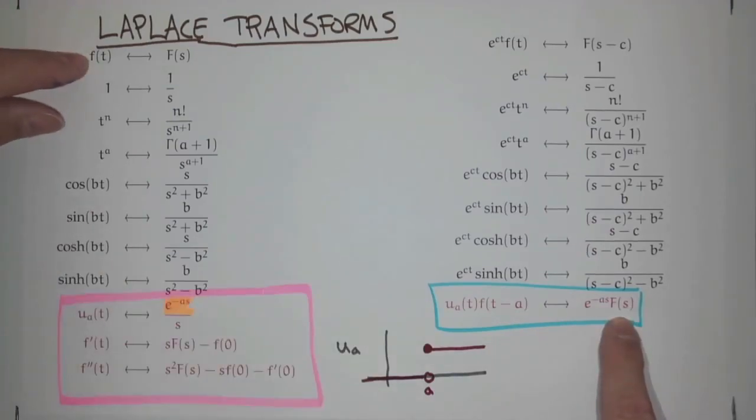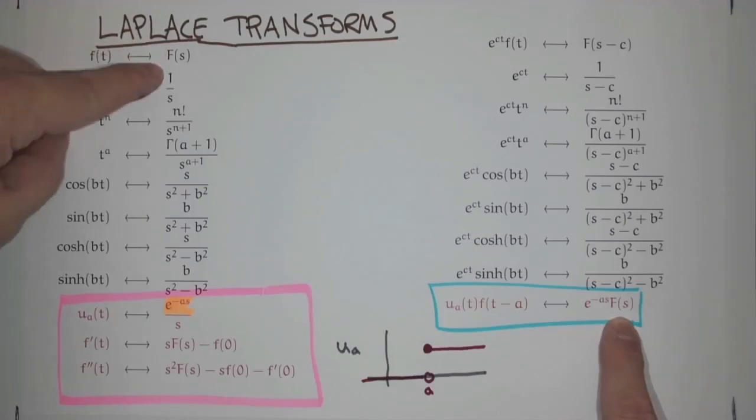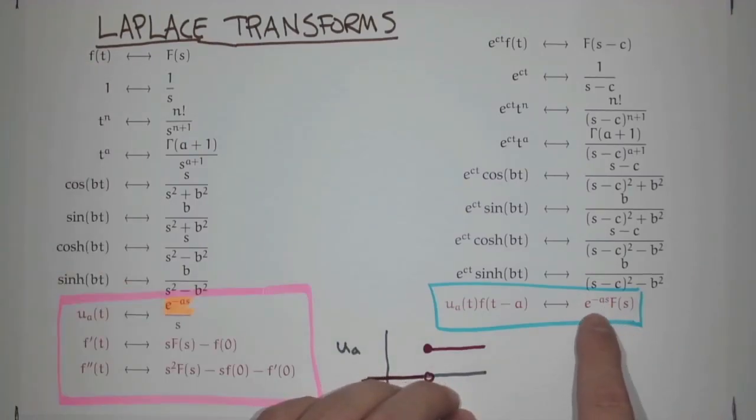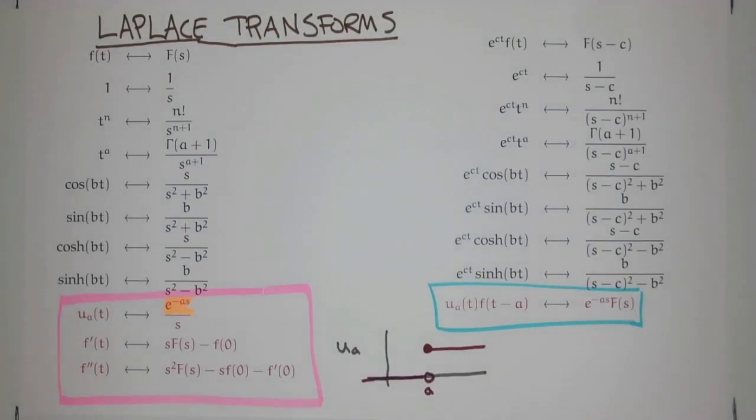Remember, our convention is F of s is what happens if you just took the normal Laplace transform of f of t. So the punchline is we should think of e to the minus as, if we see that showing up after the Laplace transform, we're like, oh, something happened. There was something that turned on at time a. So that's how we're going to think of that piece.